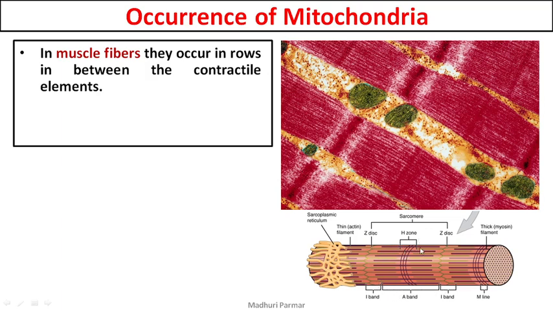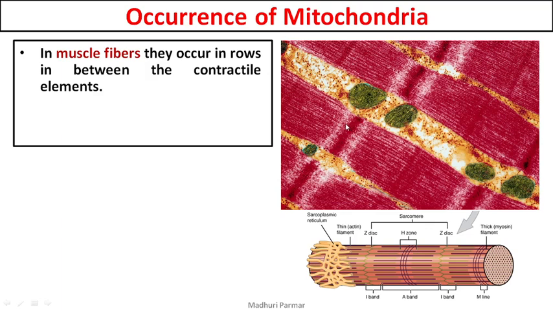In between you have the H zone where thin filaments are absent. Here, this is the H zone where only thick filaments are present. Then this is the region where both types of filaments are present, and then this is the I band where only the thin filaments are present. So this kind of structure is of a striated muscle.